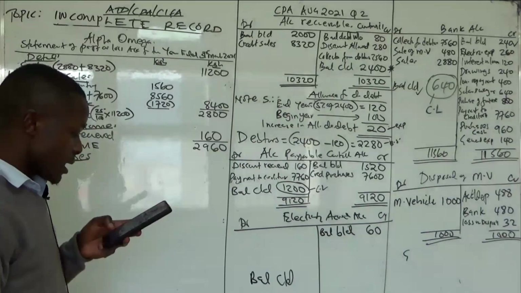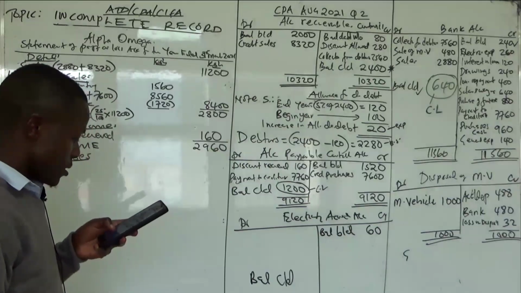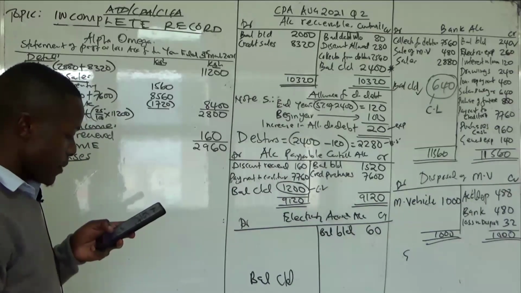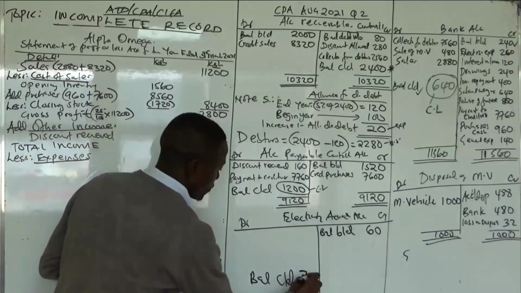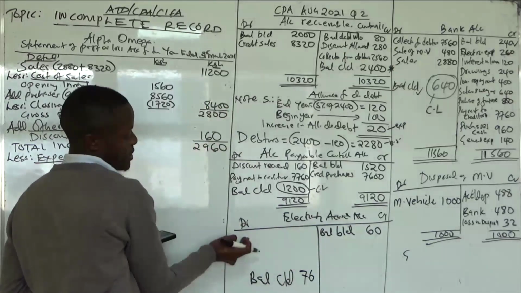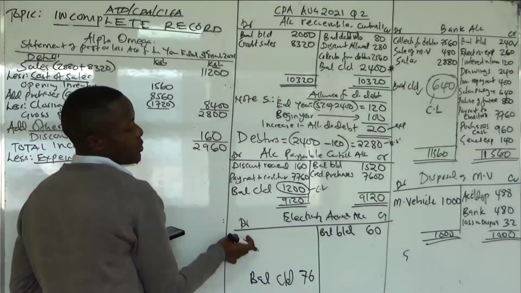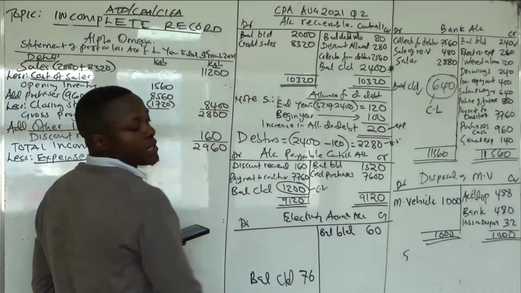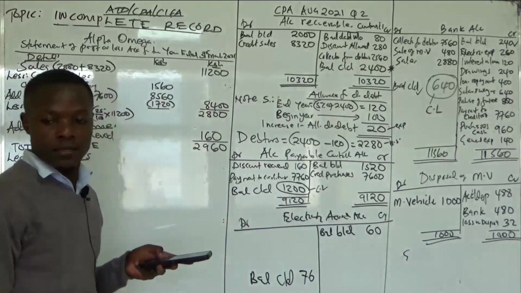Now look at the transactions of March 2021. Look at note number 4, how much is it? 76. So accrued. I said if it is prepaid, the balance brought down starts on this side. If it is accrued, it is a debt, it is a liability. That is the main reason why it is a credit balance.